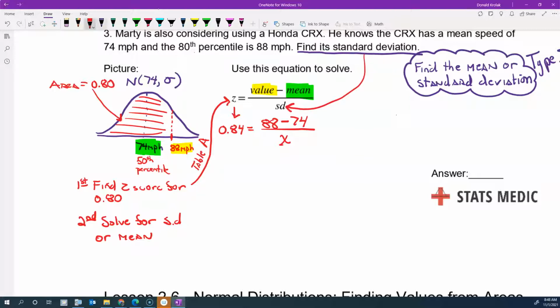All right, so to solve this, multiply both sides by x, get it out of the denominator. Okay, so we got, divide.